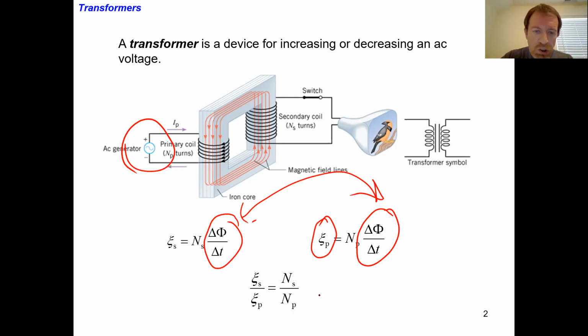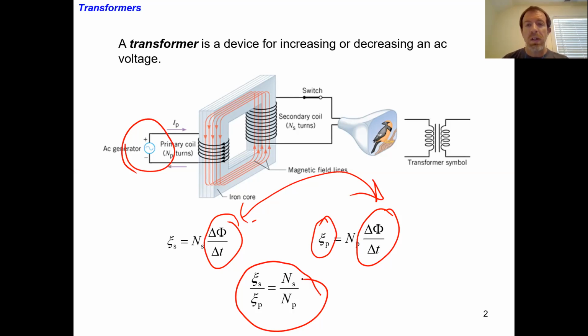And we've got a relationship between the voltage in the secondary, the voltage in the primary, and the number of turns in the secondary and the number of turns in the primary. And we can use this to figure out the factor by which our voltage would be increasing or decreasing.